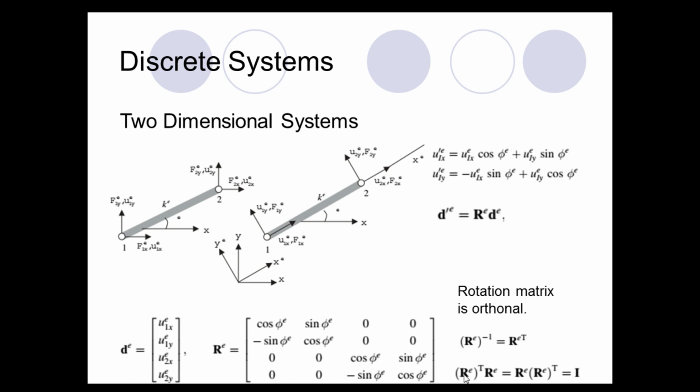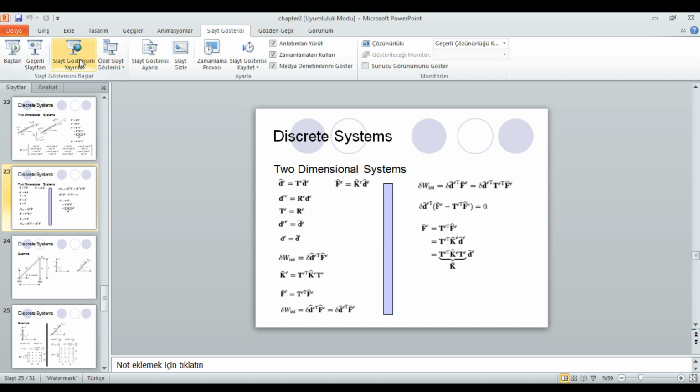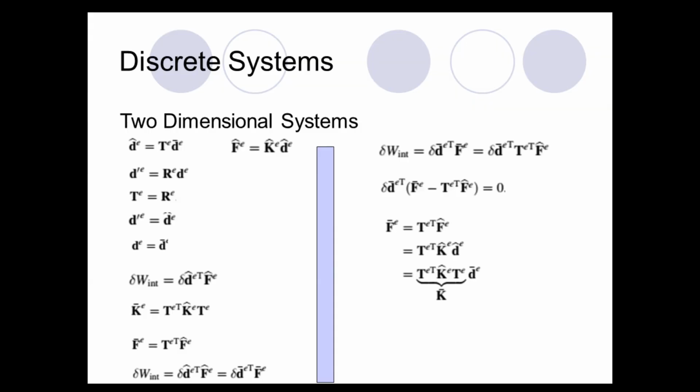This matrix also has another property. Multiplication of its transpose, certainly its inverse, with itself will give you the identity matrix. So it has such kinds of properties, and we may use it sometime later. Okay, now we have seen how to rotate the displacement.